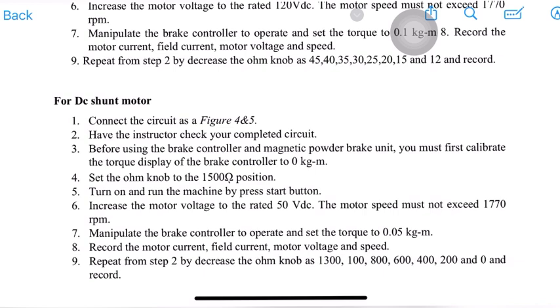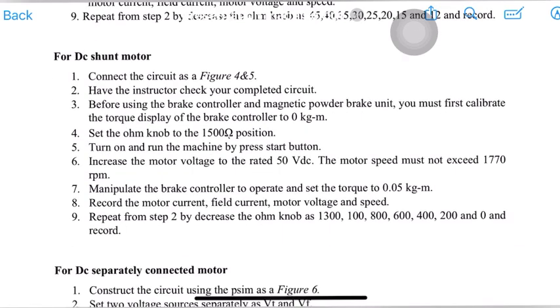Then manipulate the brake controller to operate and set the torque to 0.05 kgm. Next, record the motor current, field current, motor voltage and speed. Lastly, repeat from step 2 by decreasing the ohm knob to 1300, 1000, 800, 600, 400, 200 and 0, and record it.